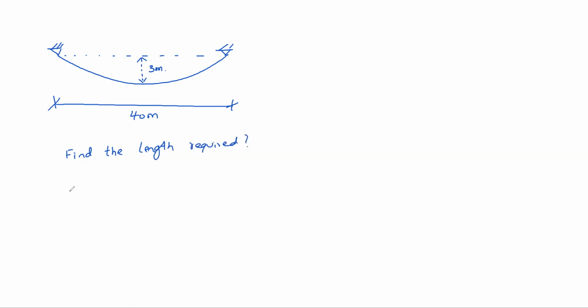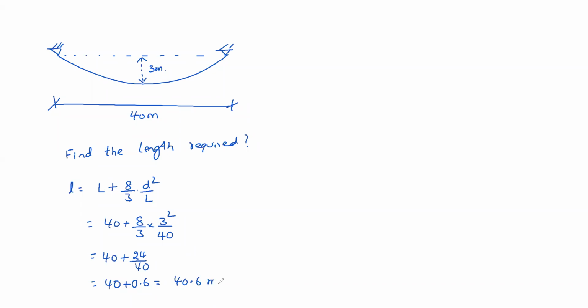It is very simple. Length equal to L plus 8 by 3 d square by L, that equal to 40 plus 8 by 3 into d square by 40, 40 plus 24 by 40, 40 plus 0.6, right? 40.6 meters. Total length of the cable is 40.6 meters. So you should remember that formula.